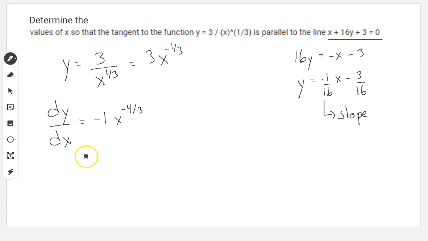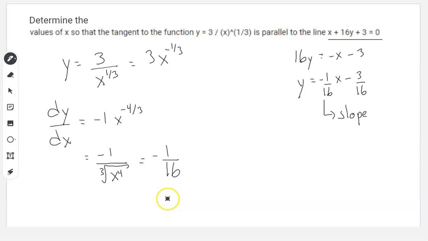Or rewriting that, we get negative 1 over the cubic root of x to the power of 4. Now that is the slope at some point x. And we know what the slope is that we're looking for. It's negative 1 over 16.